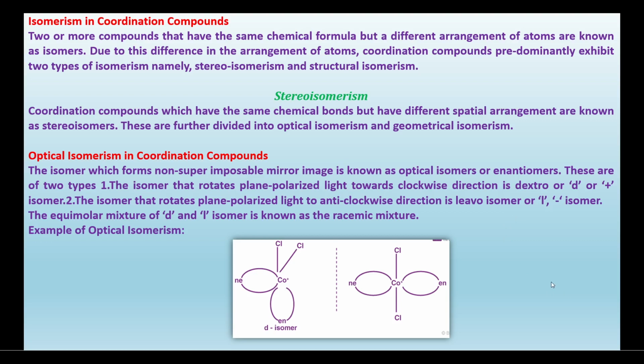The isomer that rotates plane polarized light in the anti-clockwise direction is levo, also designated L. This is an example of a dextro isomer, and this is the levo isomer. A mixture of both D and L isomers is the racemic mixture. This is how we see the respective optical isomers.